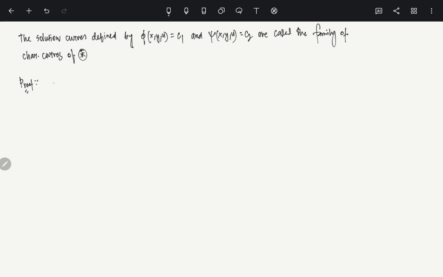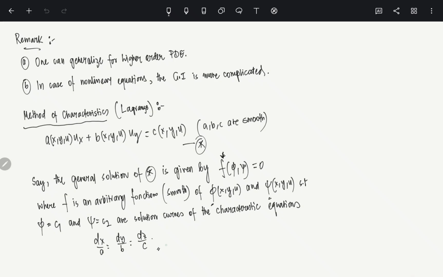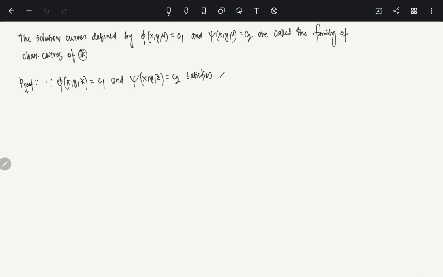So why? Since phi of x, y, z equals c1 and psi of x, y, z equals c2 satisfy, let's say, the equation double star, the characteristic equation. So what do we have?